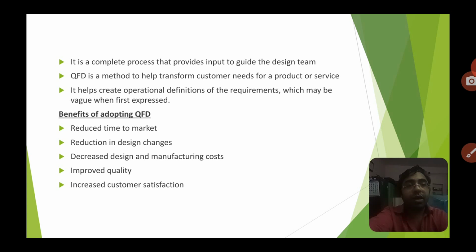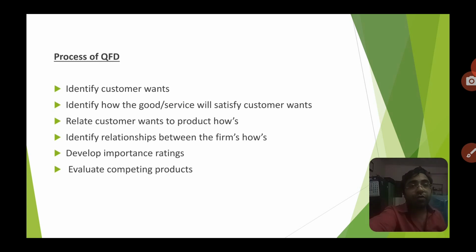Okay, so now we are going to look at the process of the QFD. There are a lot of processes available in the QFD. First, by using the QFD tool, we have to identify what the customer actually wants.